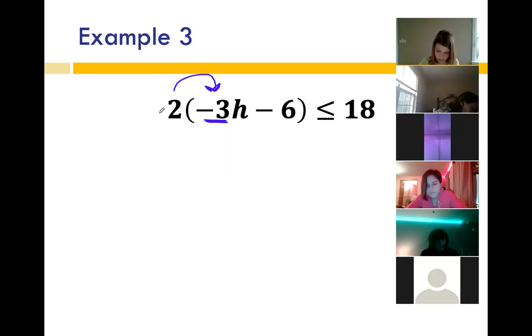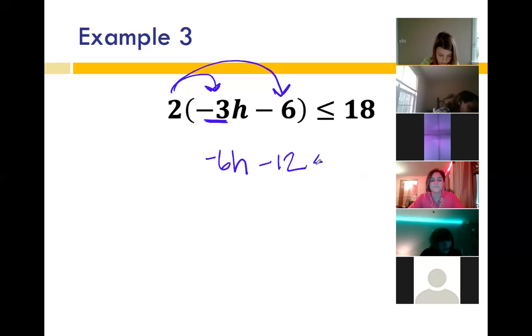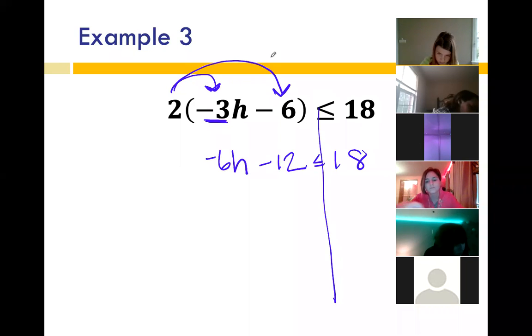So if we go to solve this, since 2 times -3h is -6h, that's still negative, so we will still need to flip. 2 times 6 is 12, less than or equal to 18. Add 12 to both sides.